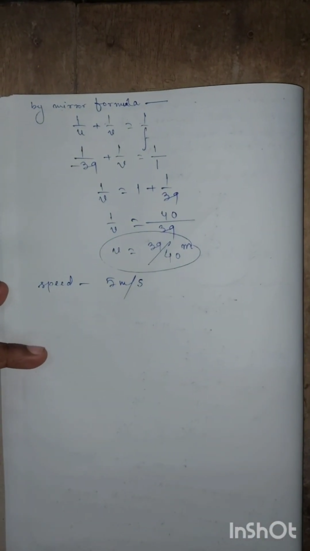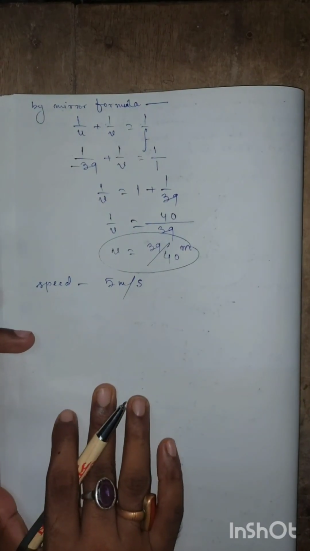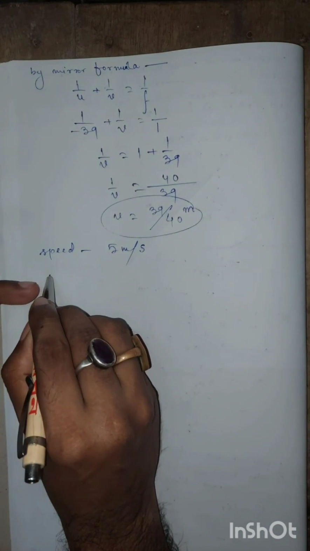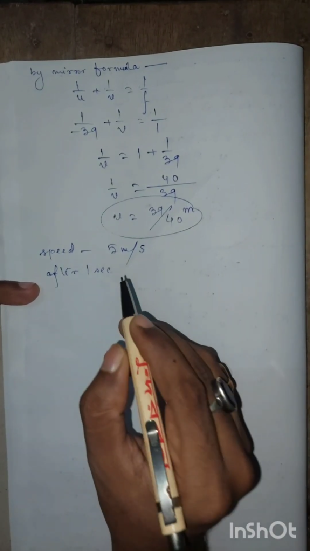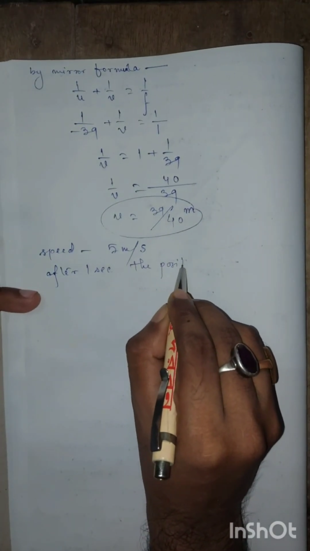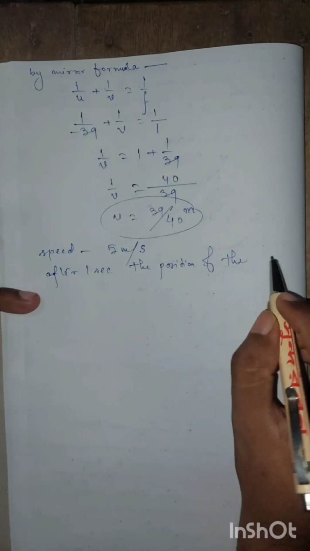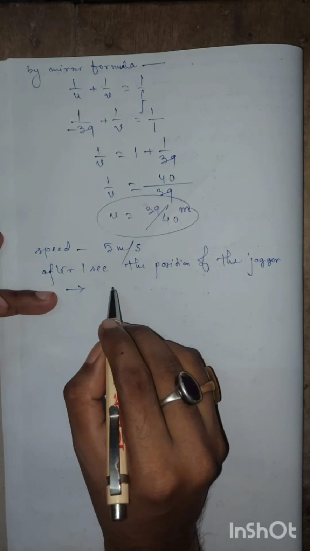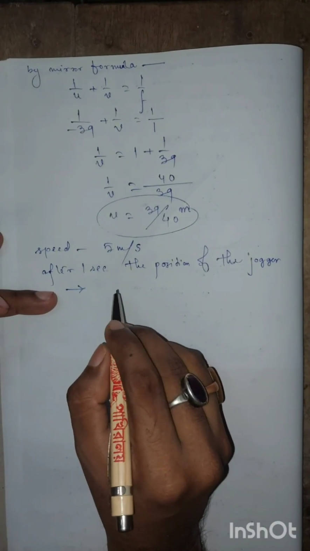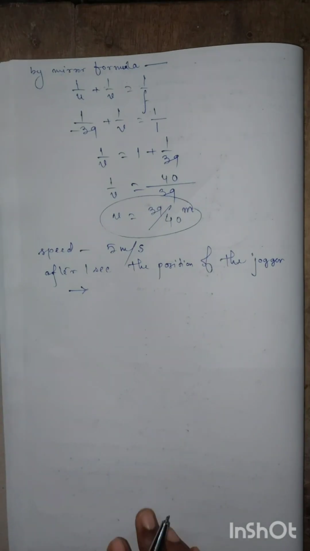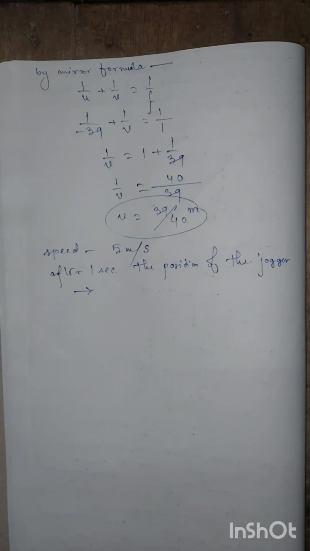So after 1 second, the change in position is, so we can say after 1 second, the position of the jogger should be, initially jogger was 39 meter away from the mirror.